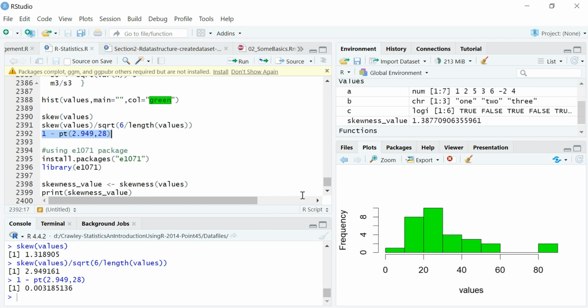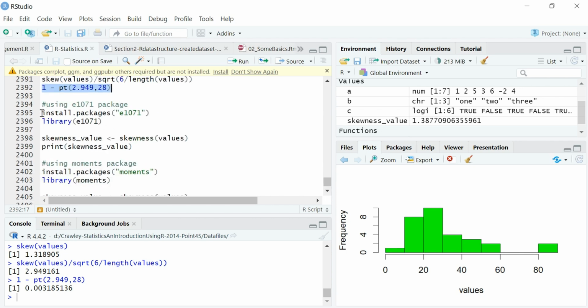We can be confident to say that the data does not come from a symmetrical distribution. So we reject the null hypothesis that the data comes from a symmetrical distribution, because this p-value is much lower than 0.05.